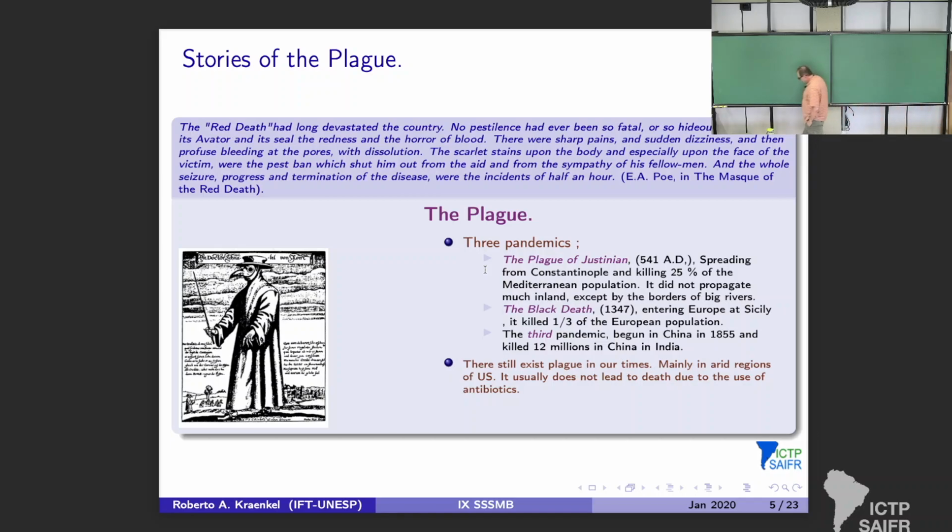So this created this idea, typical of the end of the 20th century, that there are diseases that will emerge. That was not really something that people thought much about before 1970, 80 or something.